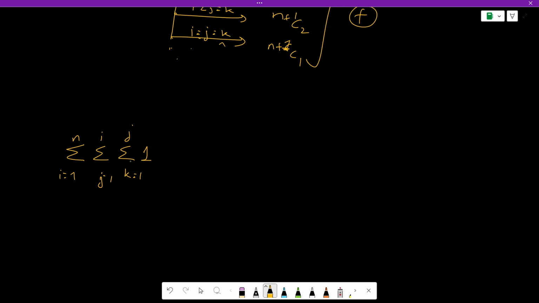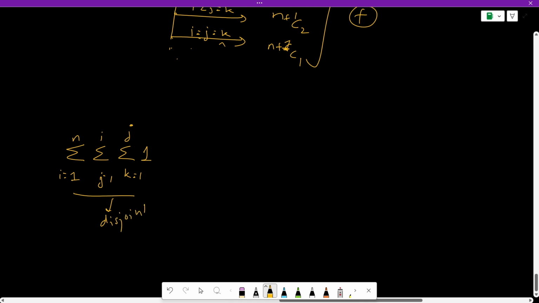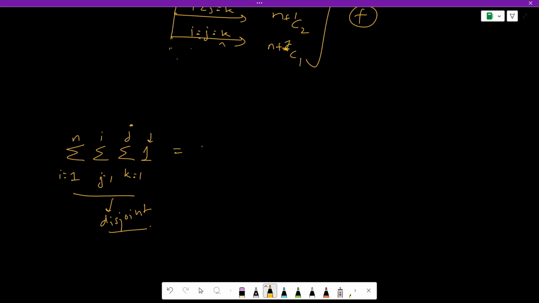So let's solve it. As you can see, you must not forget your basics, which is that these are all disjoint sigmas, and this is a constant. So it can be solved easily.